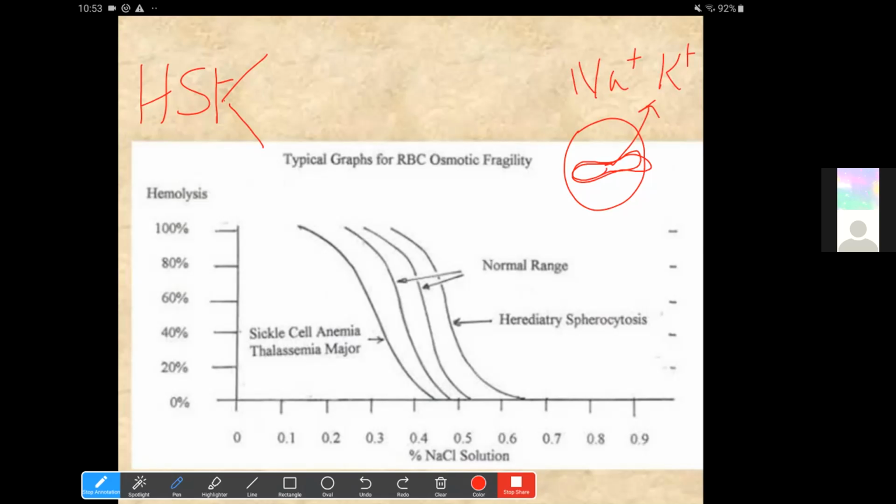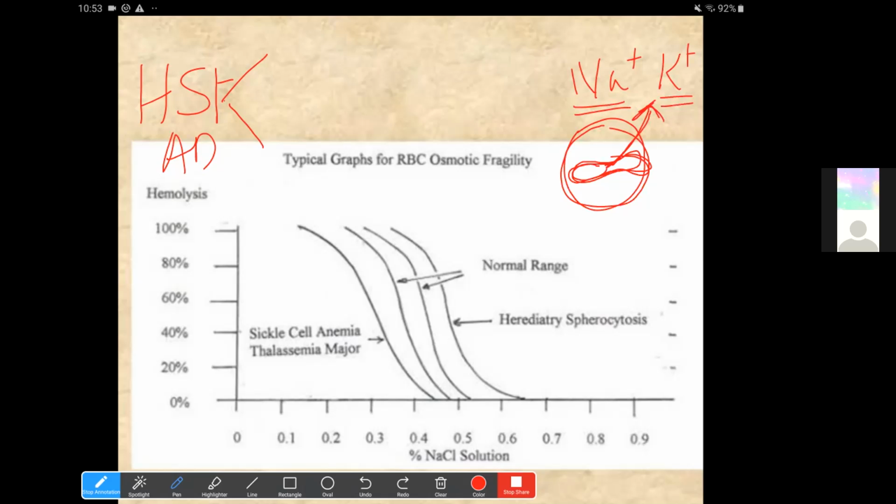Both of these conditions are autosomal dominant in nature and mostly produce moderate hemolytic anemias, with hemoglobin 10 gram per deciliter or above, and macrocytosis. Mostly there will be a macrocyte with the slit stoma-like appearance, and leaky membranes will cause the release of sodium and potassium.